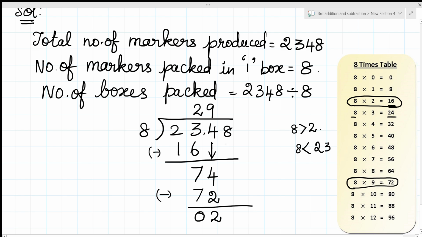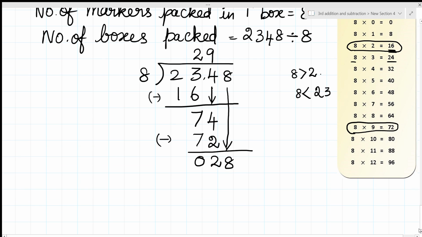Now it is smaller than the divisor. So we need to bring down the next number. That is 28. Now look at the table. Do we have 28? No. But we have 24, which is smaller than the number. So in which term we have 24? Yes, third time. 8 threes are 24.